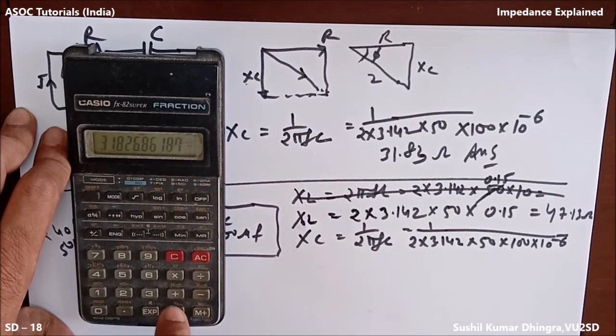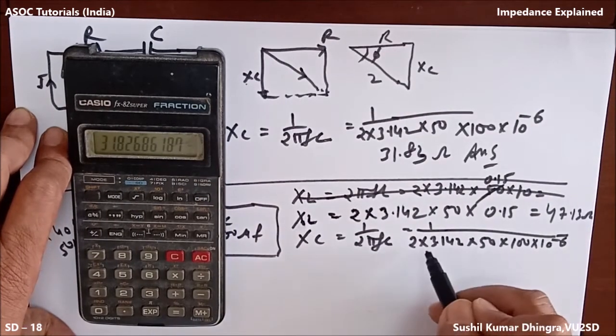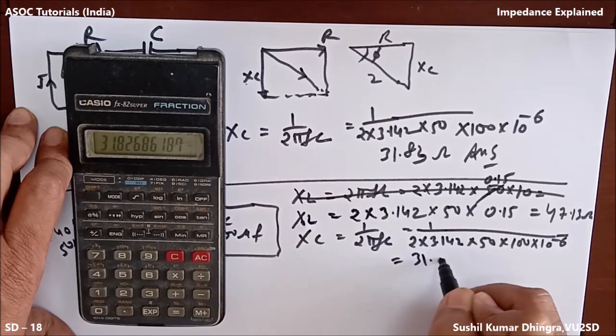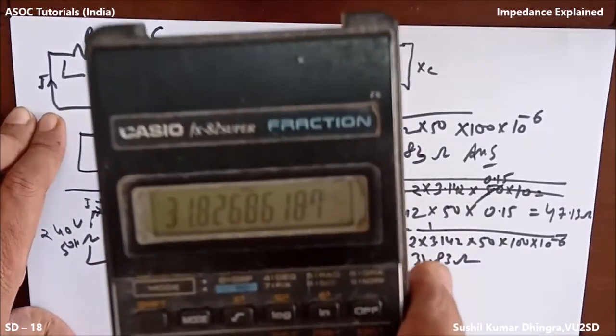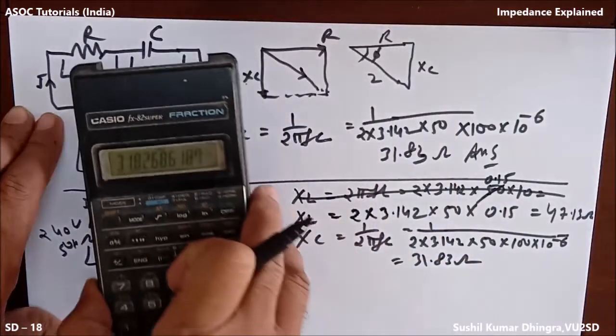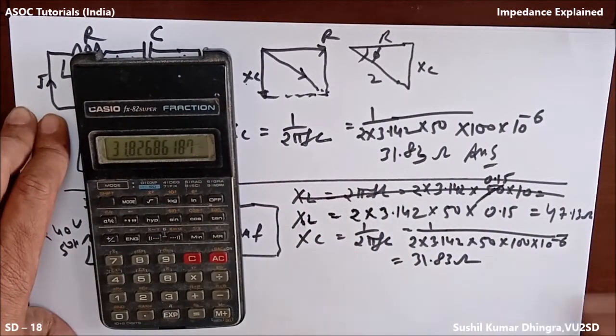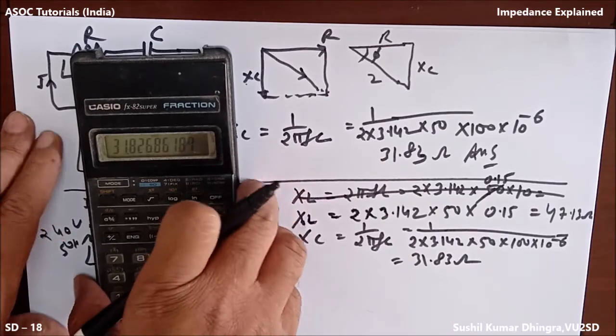This is equal to 31.83 ohm. So this is XC.